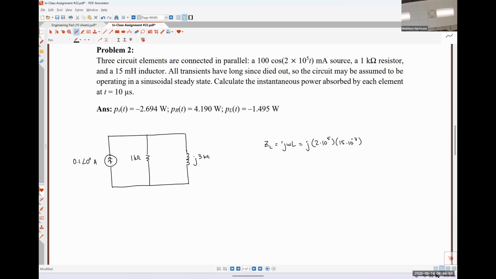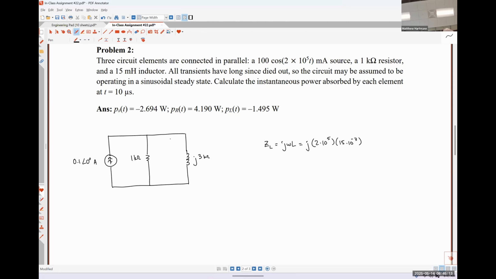Cody, I'm going to let you make that decision. No pressure. Inductor. Okay. So in order for us to find the power absorbed by the inductor, we either need to know the phasor voltage drop across the inductor or the phasor current flowing through the inductor. I'm going to make that decision for you.